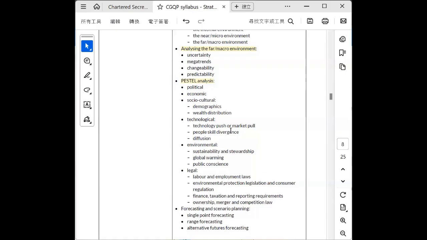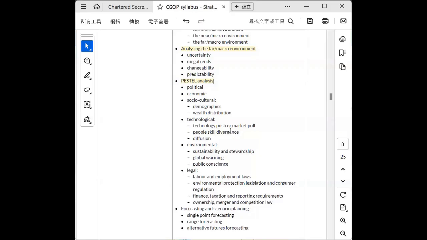So they will shape the consumer's expectations and influence spending and product design. Demographic factors will include age distributions, gender distributions, population growth, wealth inequality, impact on labor markets, etc. When we say wealth distribution, it refers to wealth inequality.